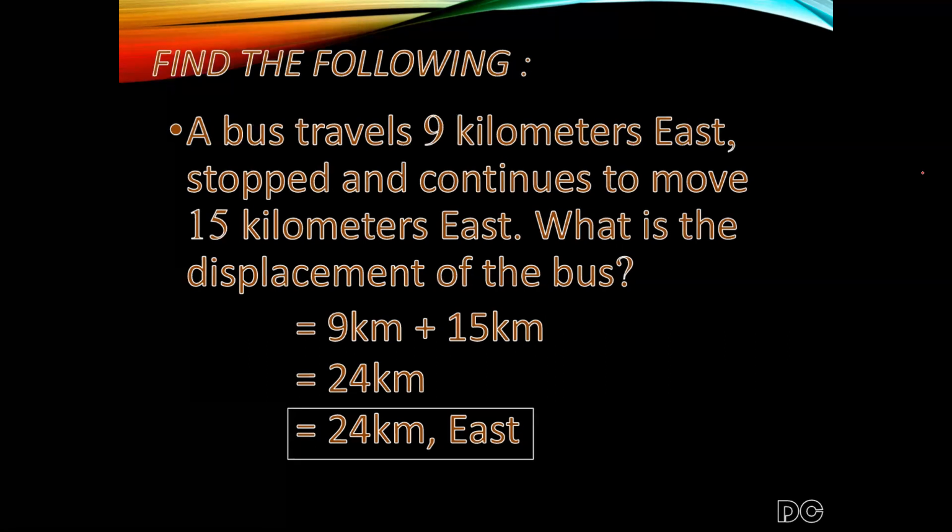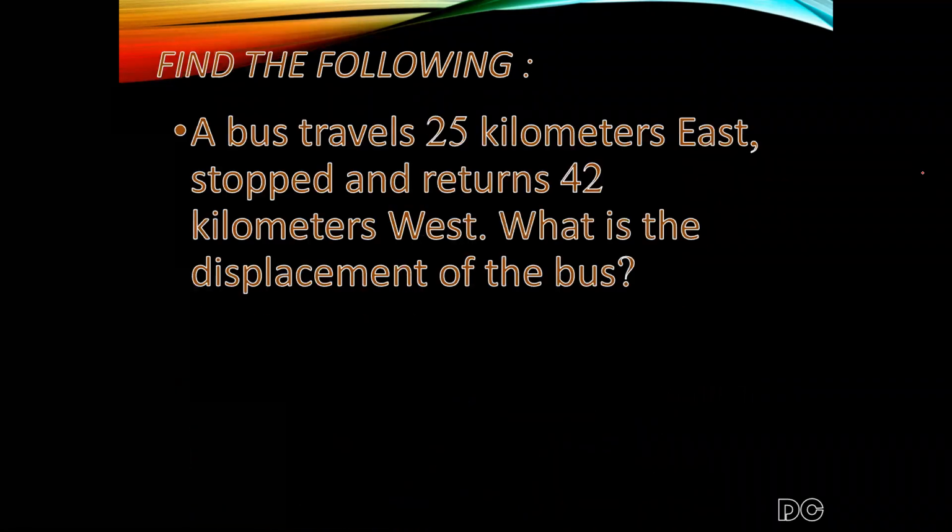But what if they are in opposite direction? So the bus travels 25 kilometers east, stops, and returns 42 kilometers west. So as we can see, pumunta siya ng 25 kilometers patungong east, pero bumalik naman siya ng 42 kilometers papuntang west.